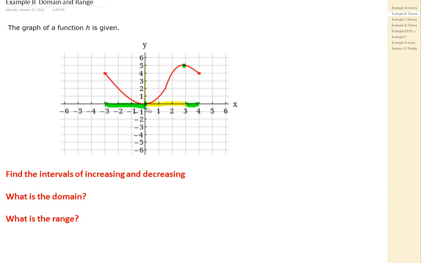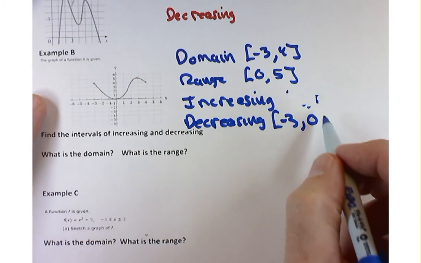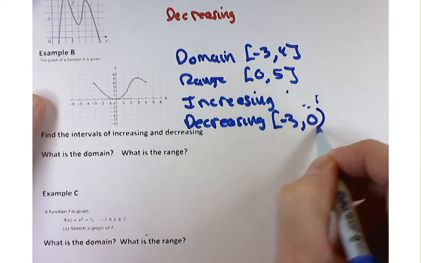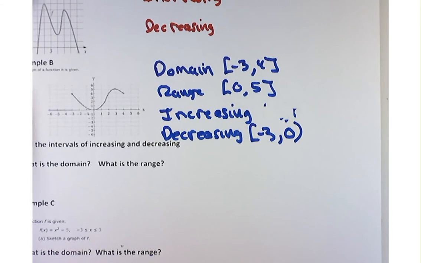It's not decreasing, nor is it increasing at that point. So if we're not going to include the 0, then what should I be putting to the right of 0? Parentheses. Good. So it's decreasing there, and then starts increasing. So it starts increasing at 0. So I'll put a 0 here.